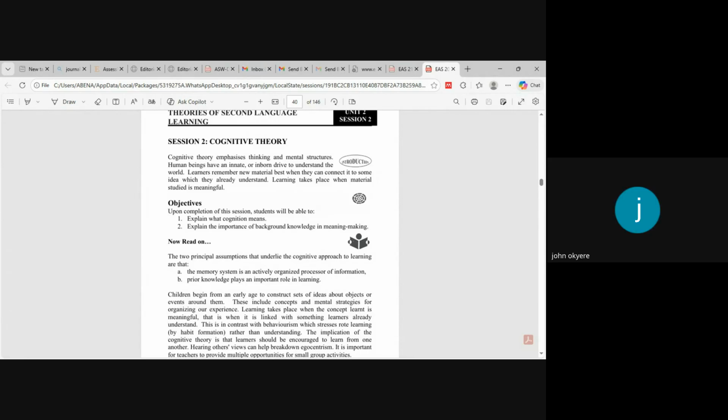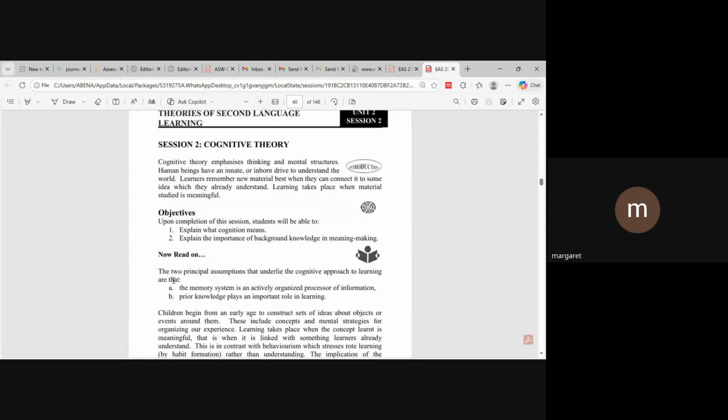And I believe I've already mentioned some of them. The first principle is that the memory system is an actively organized processor of information.